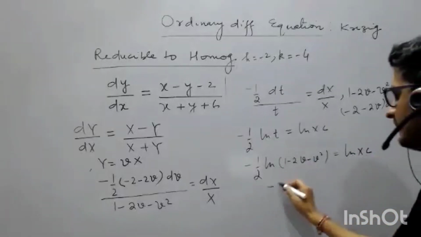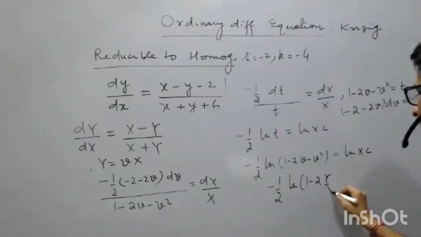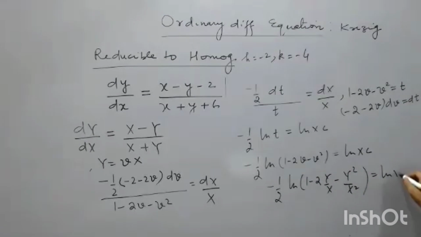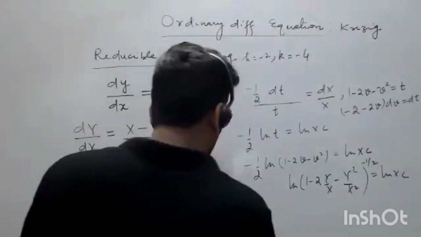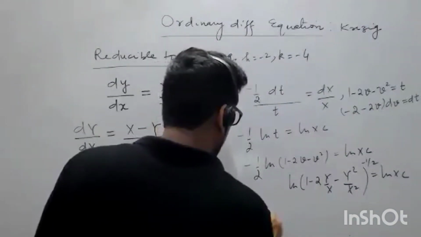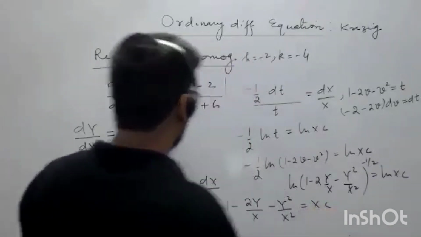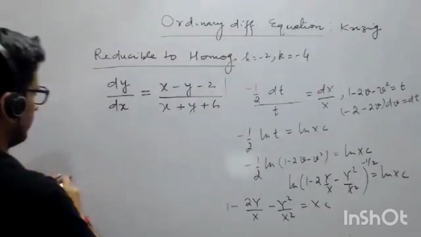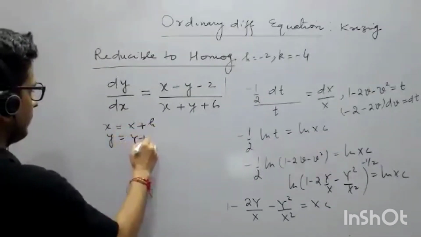Now V is y by x, so take the reverse process. 1 minus 2 y by x minus y square by x square is equal to log of xc, and taking the half here as a power, it will become 1 minus 2 y by x minus y square by x square is equal to xc. And what are the values of these? Small x was capital X plus h, small y was capital Y plus k.